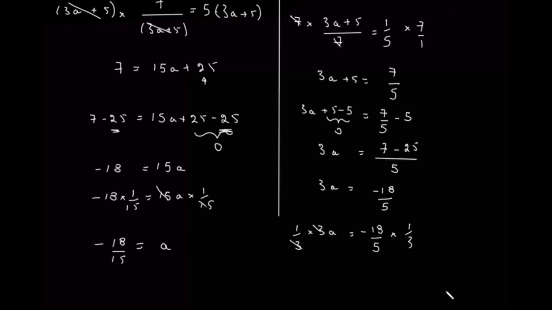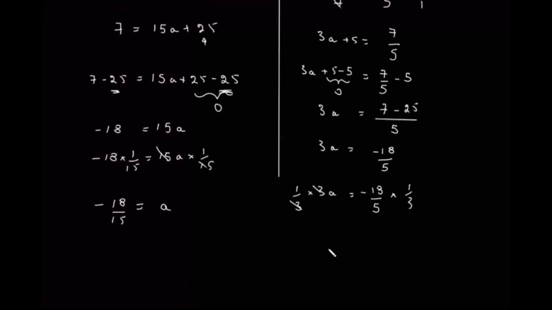They cancel out. And we end up with A equals, now look, negative 18, put the line. 1 times 18 is 18, 3 times 5 is 15.